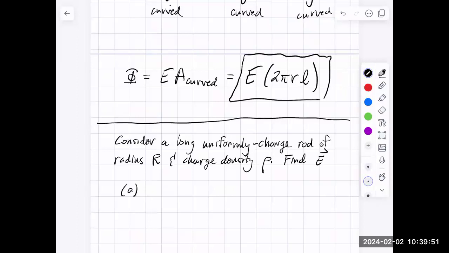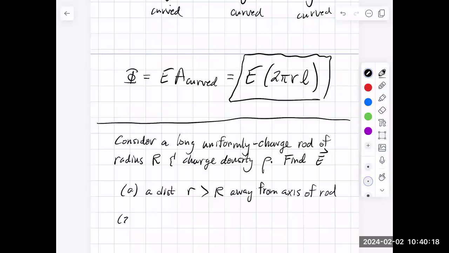We'll do two parts. Part A is a distance r, say greater than capital R, away from the rod. Let's say from the axis of the rod, away from the axis of the rod.